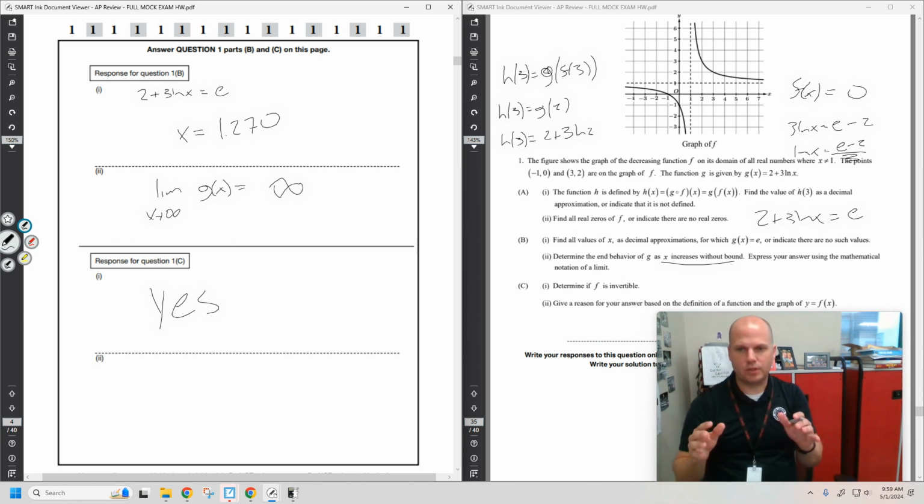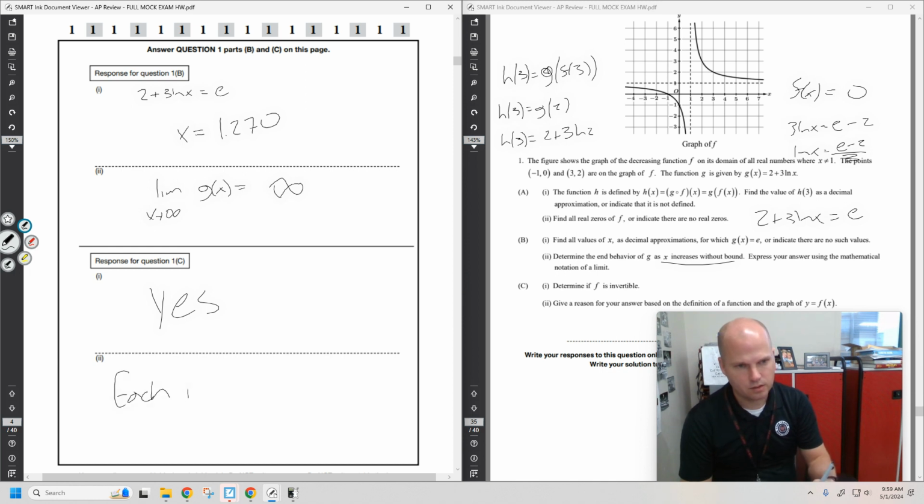It's got two inputs that produce that output, which means if you flip it, then you'd have that input producing two outputs, which you can't do. So the reason is you will say each output is produced by a unique input. Each y value comes from just one x.